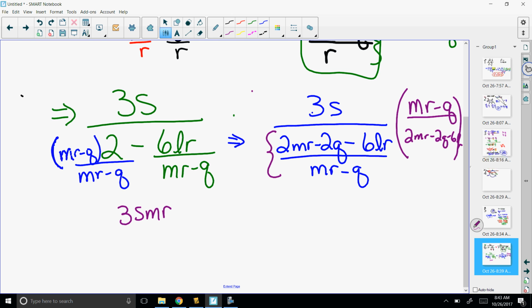So the distributive property is going to give you 3smr minus 3sq all over 2mr minus 2q minus 6lr.